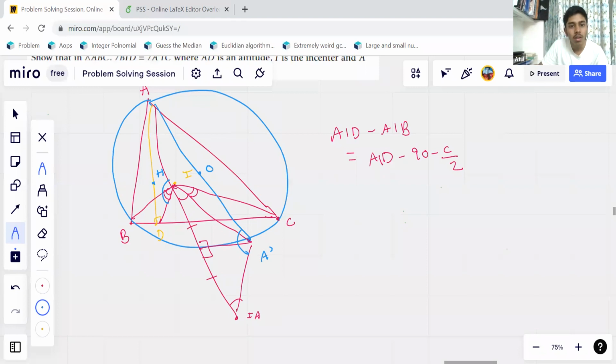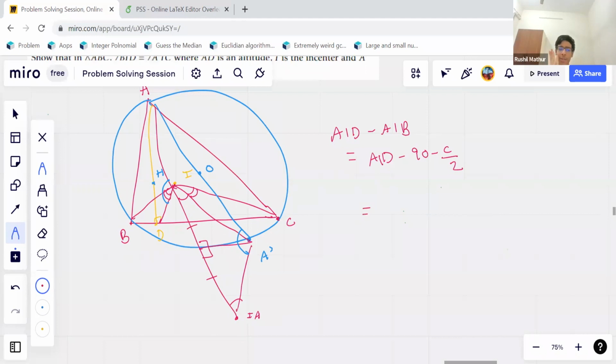Does that help? Wait, what's the other angle? BID goes, sorry, AIB goes to A dash IA. Wait, AIB goes to ACIA, sorry. Yeah, okay, so we know that angle is known.